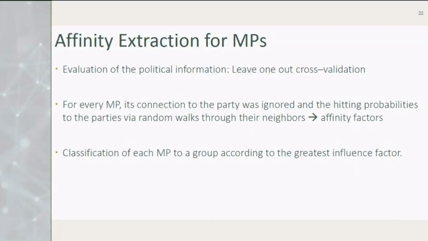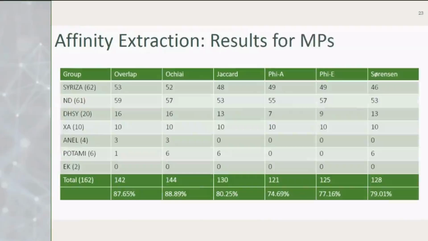What we did in this phase was that we discarded the connection of an MP to its party and used only the connections to other MPs and news media sources in order to evaluate the hitting probabilities, the affinity, the trust factor of each MP to all parties. We chose to classify each MP to a group according to the greatest hitting probability, the greatest affinity or the greatest influence factor.